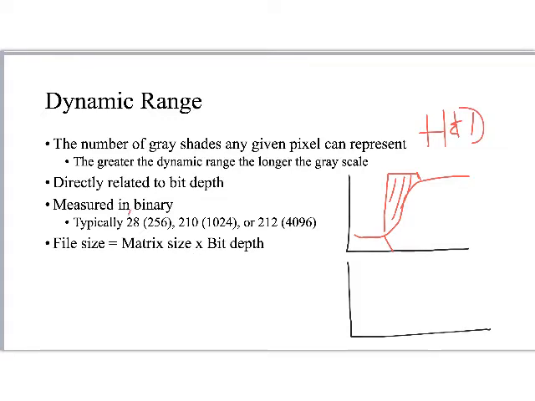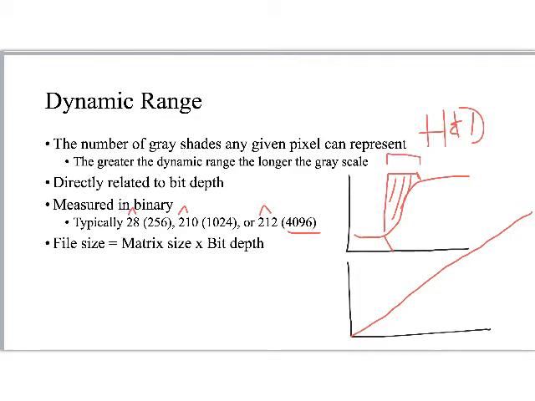And by the way, this should be 2 to the 8th, 2 to the 10th, and 2 to the 12th here. So it would have upwards of, maybe even higher than this, 4,096 shades of gray. And if you can imagine, the curve would just keep on going and going, even off the end of this slide, right? So that is a huge dynamic range compared to film's little tiny piece right here, right?